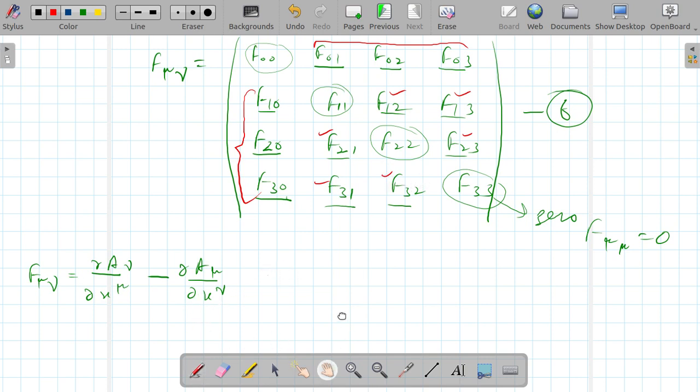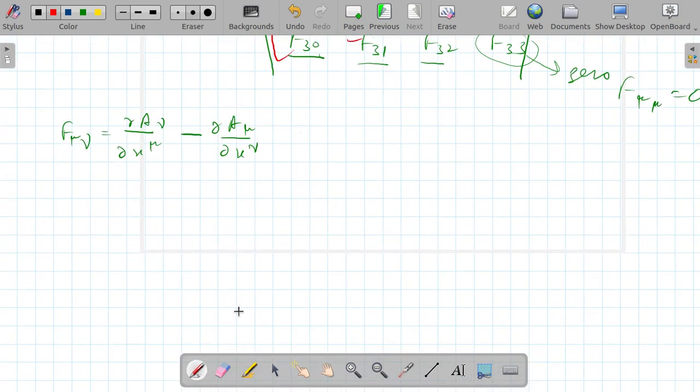Now consider F01. It is equal to curly A1 over curly x0 minus curly A0 over curly x1. It is basically Ex. Here I have used equation number 3.1.